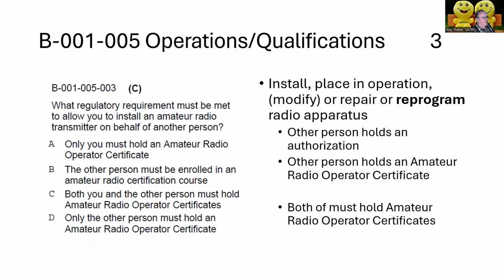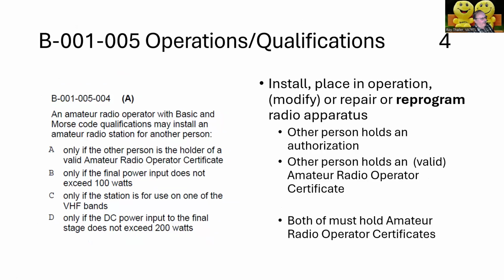Here is another question. What is the regulatory requirement to install an amateur radio transmitter on behalf of another person? Here, both you and the other person must hold amateur radio operator certificates. And here's another question. An amateur radio operator with basic and Morse code qualifications may install an amateur radio station for another person.